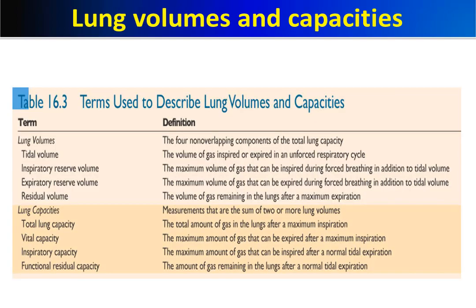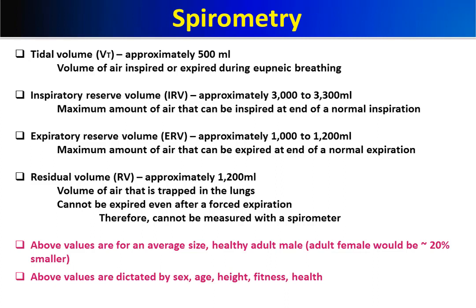So this table summarizes the definitions of the lung volumes and lung capacities, and we've mentioned these in the previous slides. So the tidal volume, again, this is the volume of air inspired or expired during eupneic breathing, is approximately equivalent to 500 milliliters of air.